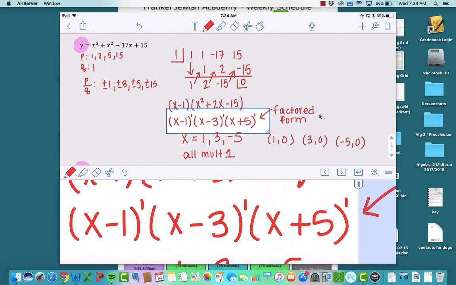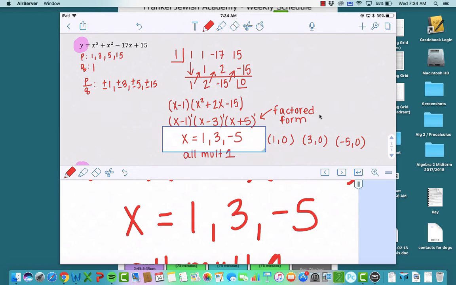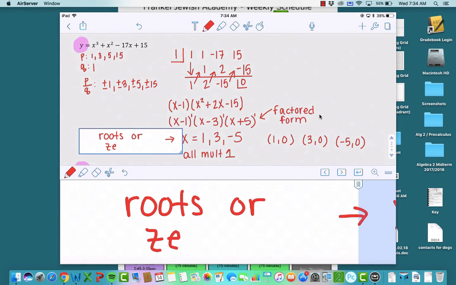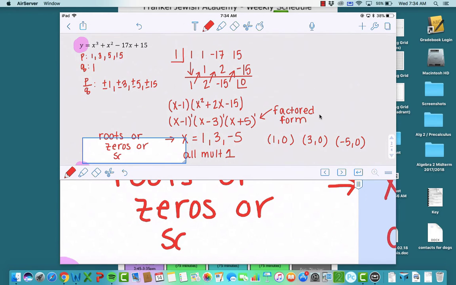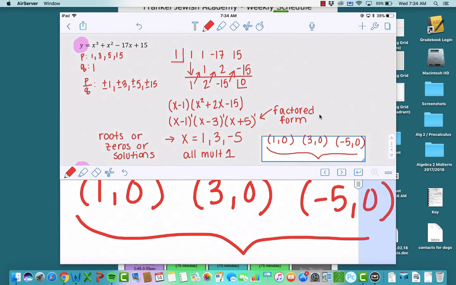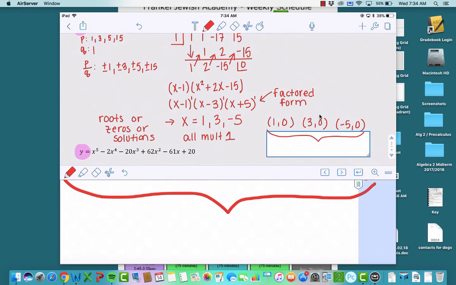Therefore, they all have a multiplicity 1. Here, we would call these our roots or zeros or solutions. And here, if they're written as points, are the x-intercepts.